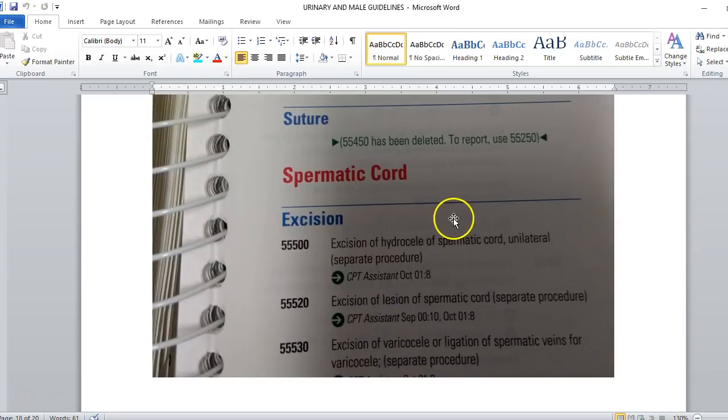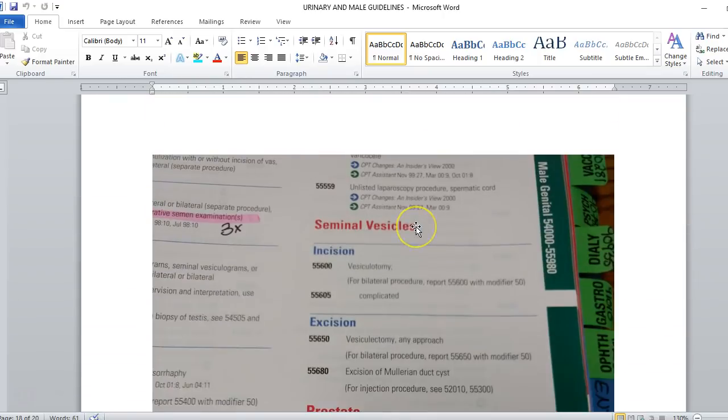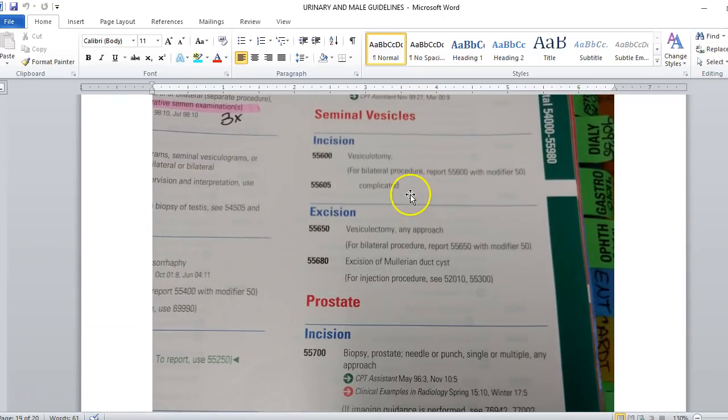Then again, we get to the spermatic cord. So again, we see more hydrocele here. Other lesions, again, because of possible accidents of injury, we might see in this section. Seminal vesicle. Remember, the seminal vesicle is so tiny. There's only a few things that we can do to it. We can make an incision into it, or we can remove it, and that's about it.